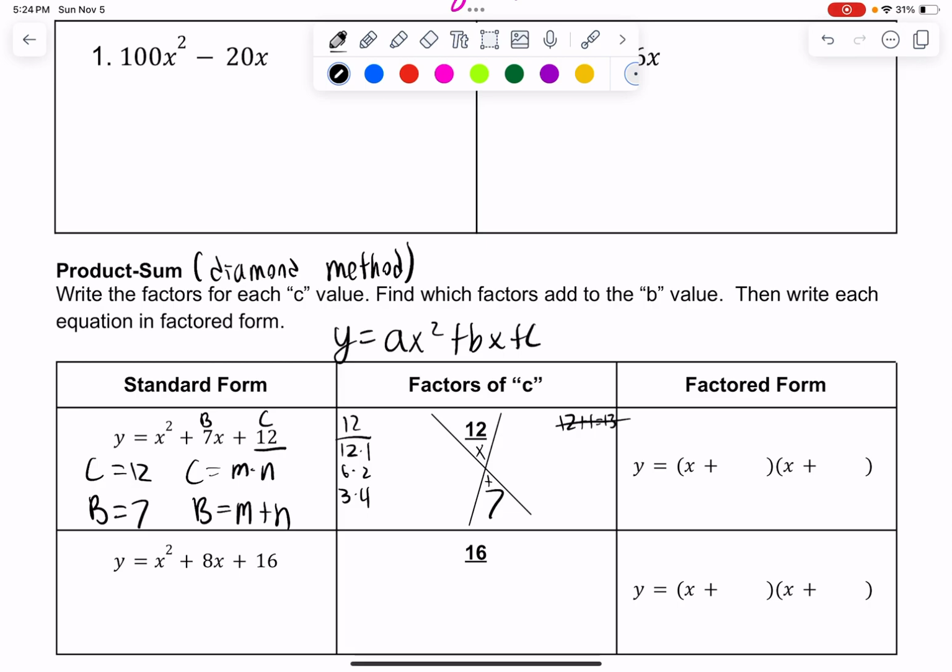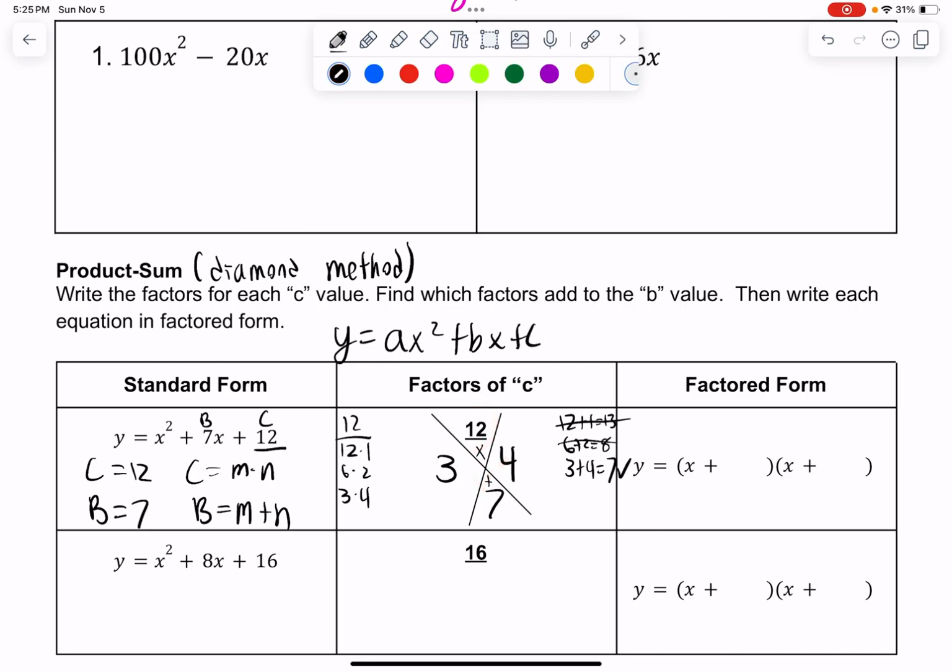That's not it. 6 plus 2 gives me 8. That's not it. We're closer though. So 3 plus 4 has to be the breadwinner, which is what we're looking for. So our 3 is one of our factors and 4 is one of our factors. And it makes sense. 3 times 4 gives us 12, but 3 plus 4 gives us 7.